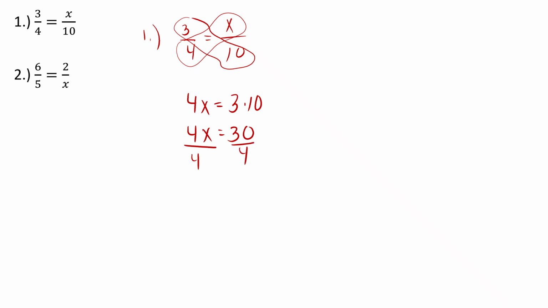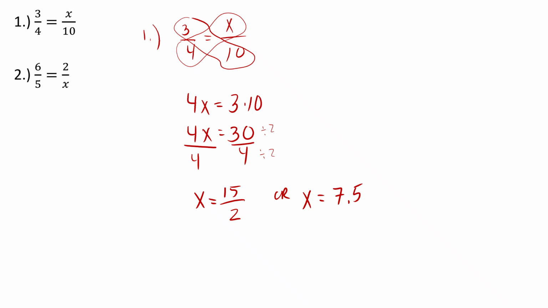Because I don't have a calculator, 4/4 is 1. And I notice that I can reduce that fraction and find an equivalent ratio of 15/2. That would be your simplified fraction, or you could write 7.5.